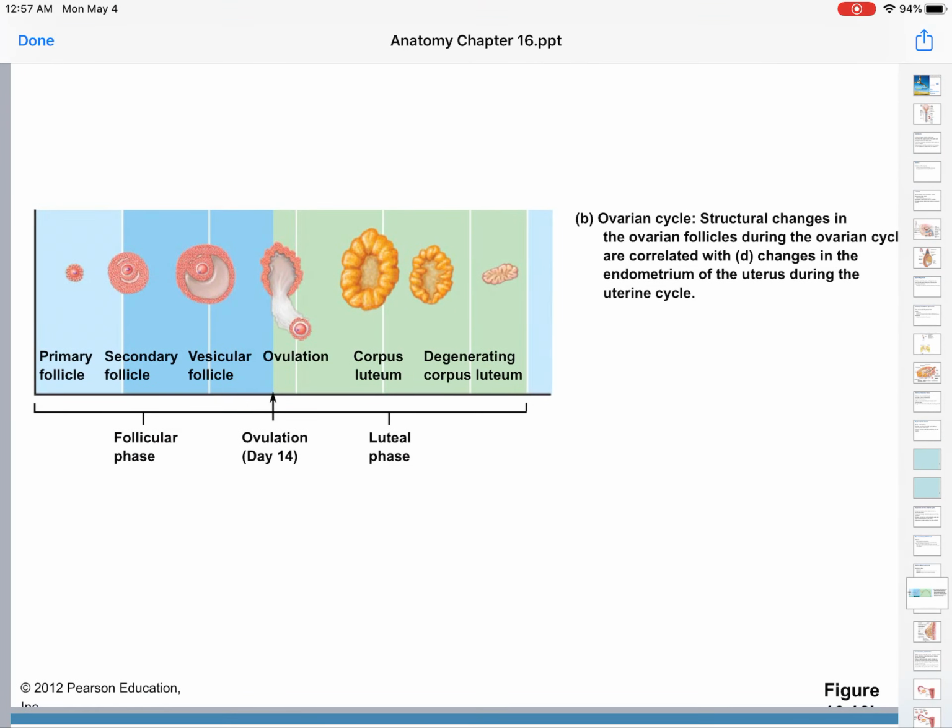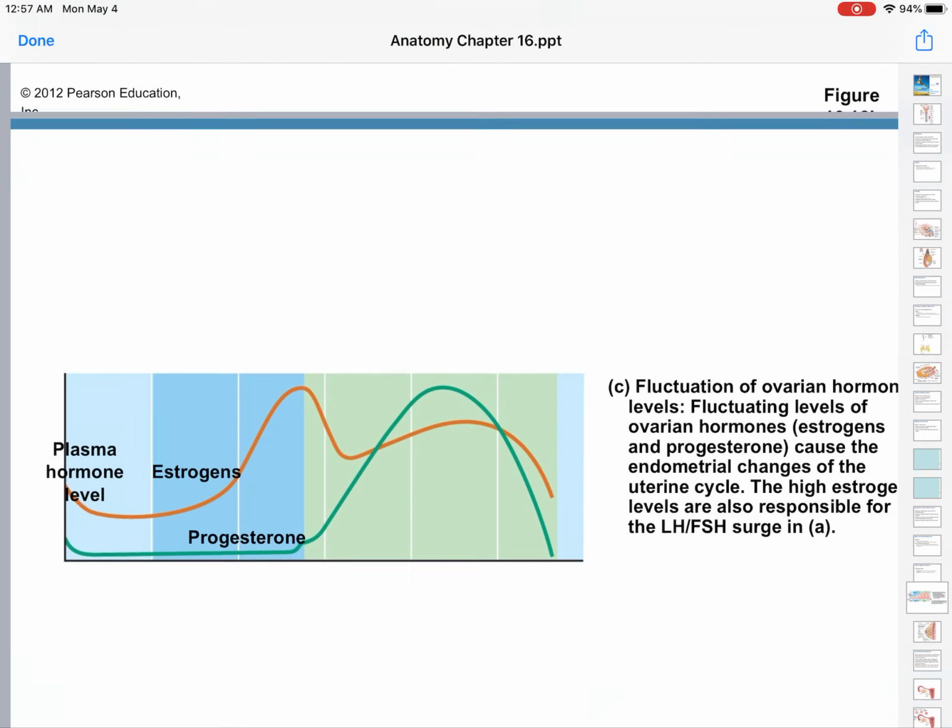So this shows what the corpus luteum looks like. You have the primary follicle, secondary follicle, vesicular follicle. That's the follicular phase. During ovulation, you release that oocyte. If you do not get fertilization, the corpus luteum will then degenerate and eventually dissolve, and you start the cycle over again.